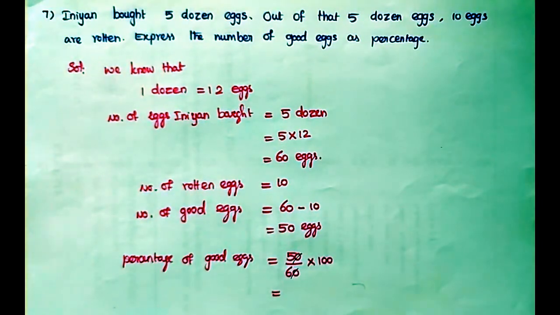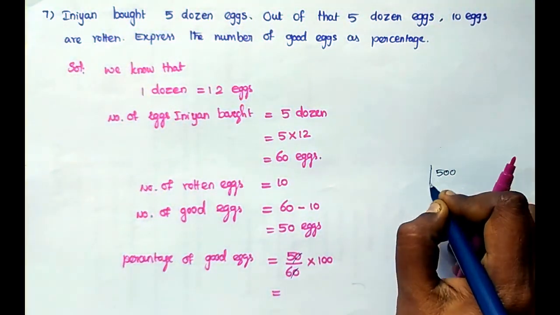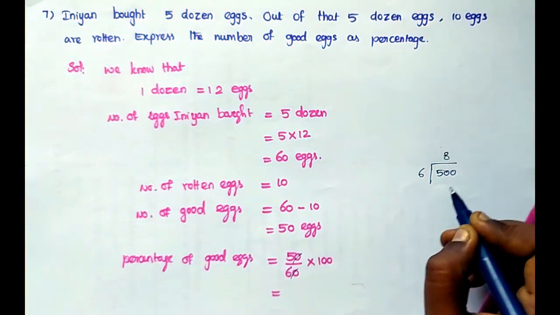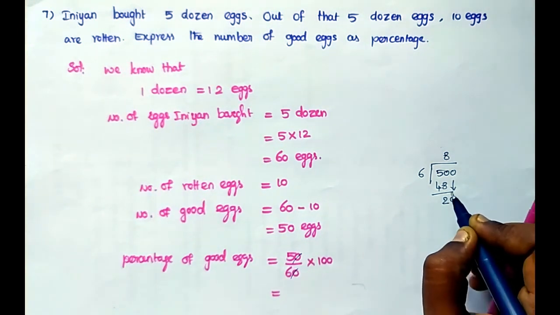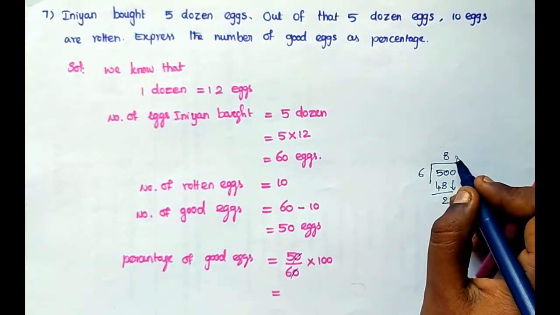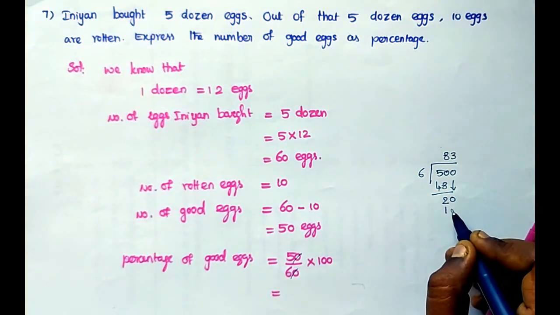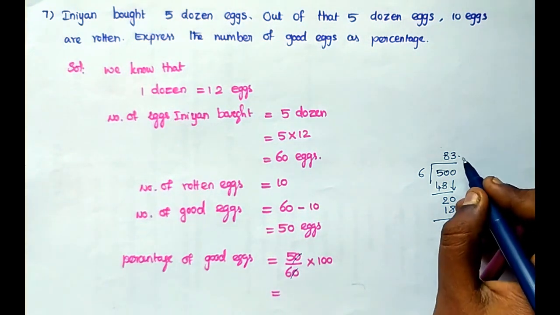0 0 cancelled. So 5 into 100, 500 divided by 6. 6 8s are 48, balance 2, bring down the 0, it becomes 20. How much? 6 3s are 18, balance 2 again, keep the point and put 0, it becomes 20.